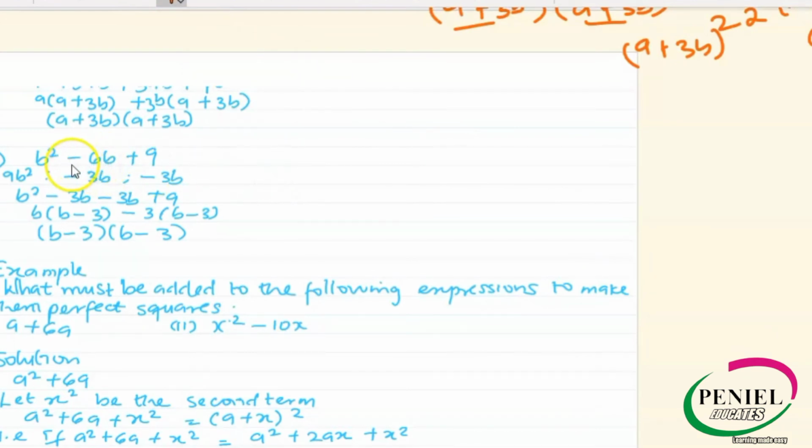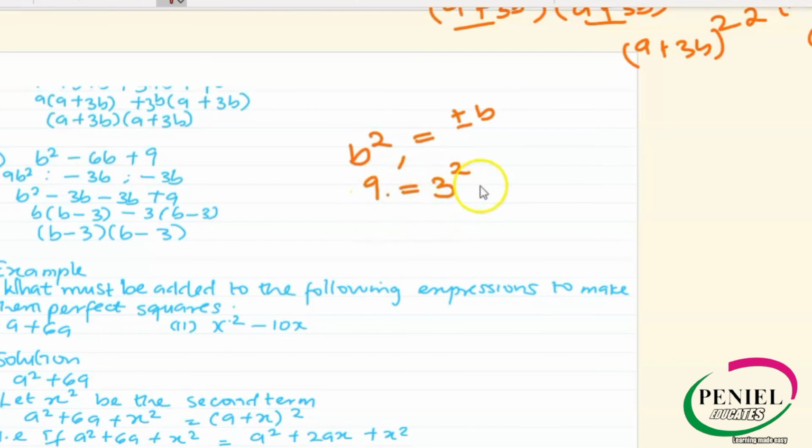Now let us look at the expression that we're looking at here. We have a b square, and we have a 9. So this 9 can give us a 3 square, and this b square can give us plus or minus b, that is the square root.